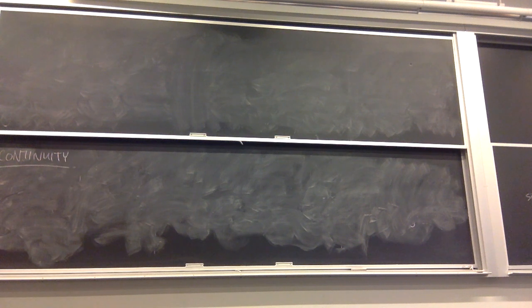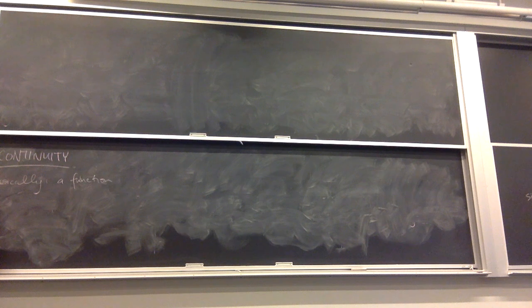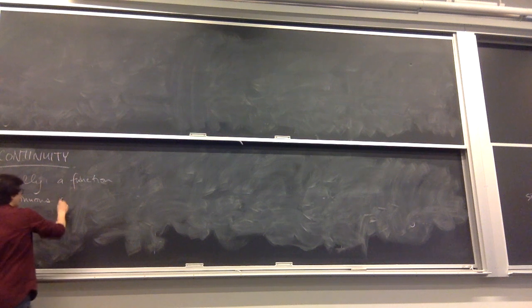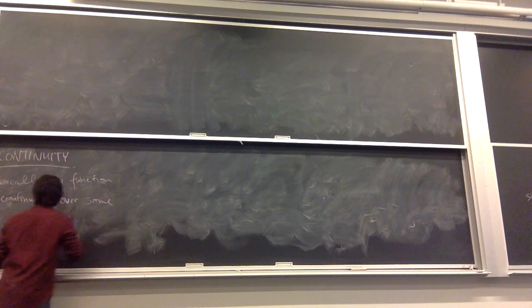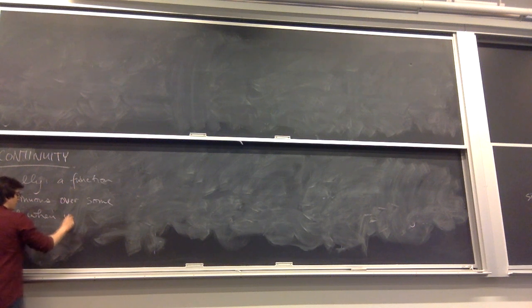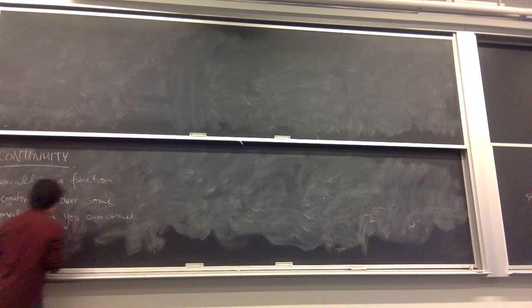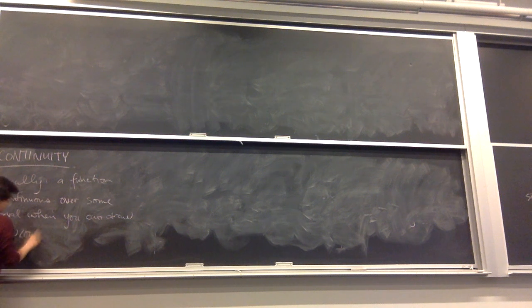Okay, there is an operative definition that I can give you here, which is going to work most of the time. Basically, a function is continuous over some interval when you can draw it without lifting your pen.